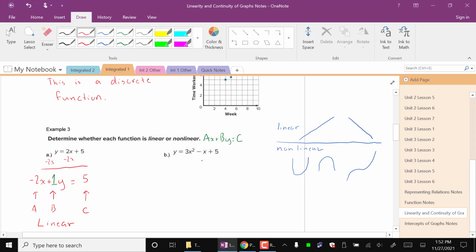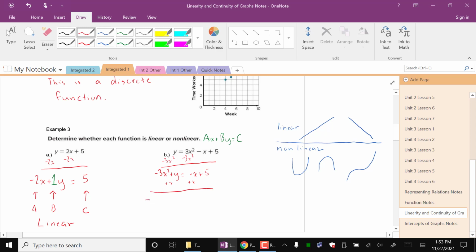Now let's take a look at b. Again, I want to get these two onto the other side. So minus 3x squared, minus 3x squared. That gives me negative 3x squared plus y equals negative x plus 5. Now I'm going to move that x, so plus x, plus x.